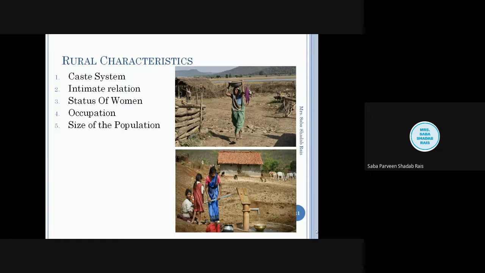So if you observe the employment factor, the majority of the people in India are directly or indirectly into agricultural purposes. So they find that if we go to the urban area, we will lose this employment also, and we have to face new challenges for getting employment.